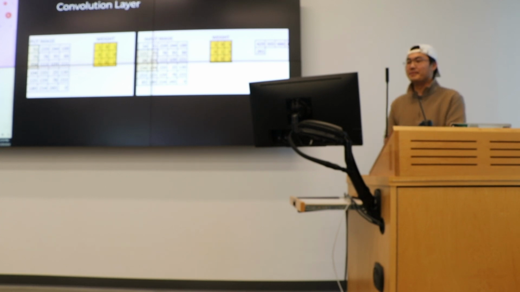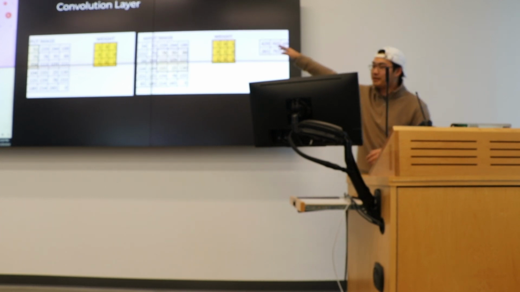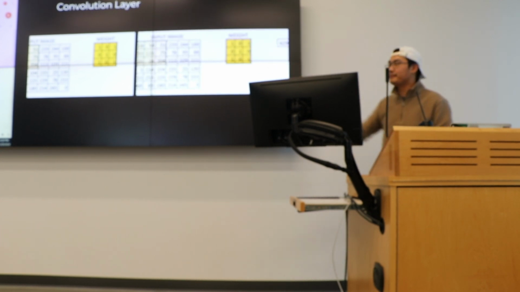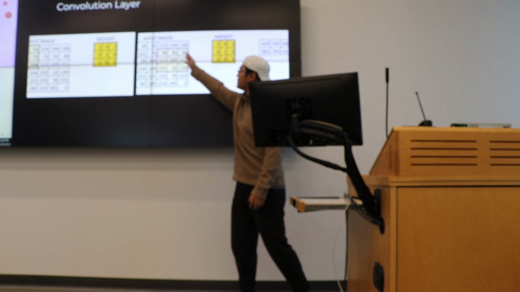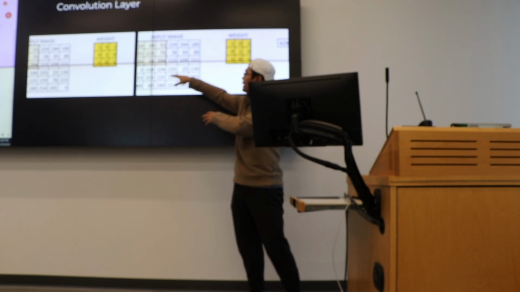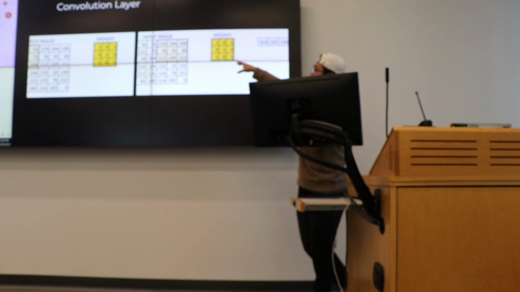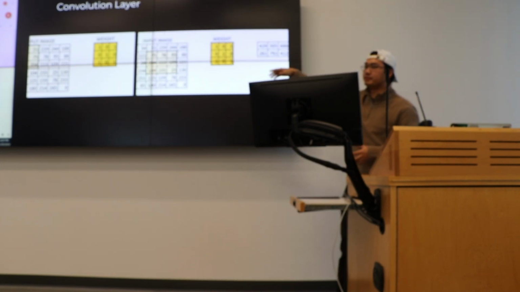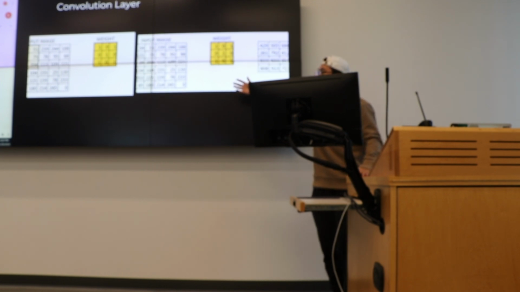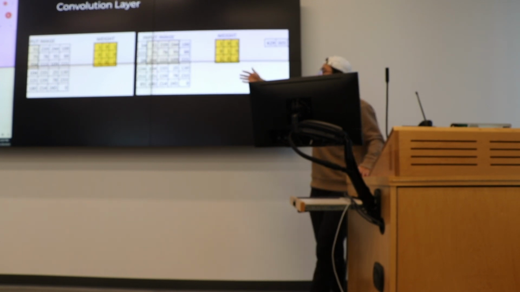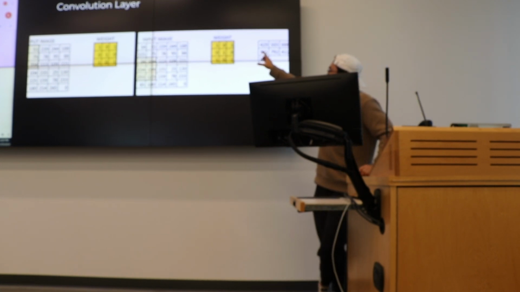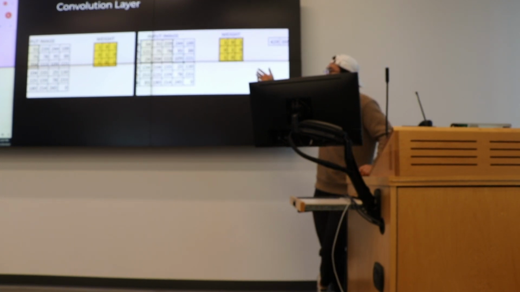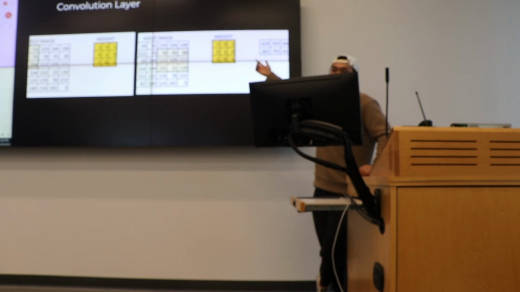If you look at the image, the yellow matrix is your kernel, your filter. It's sliding across this input image, which is your image with, say, n by m dimensions with pixel values, and it's doing the dot product, right?